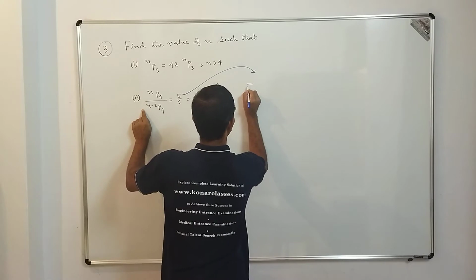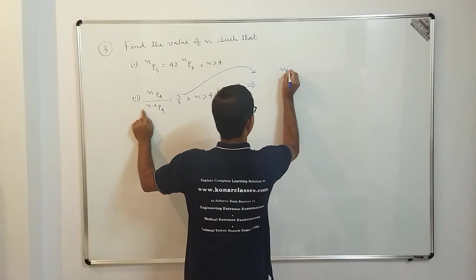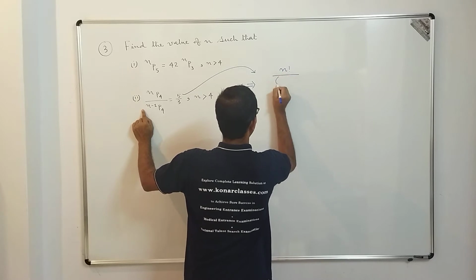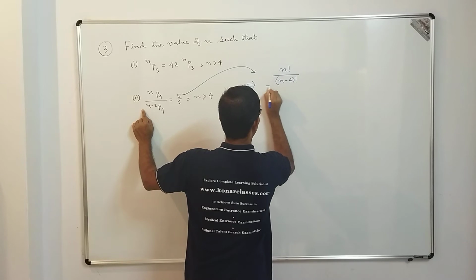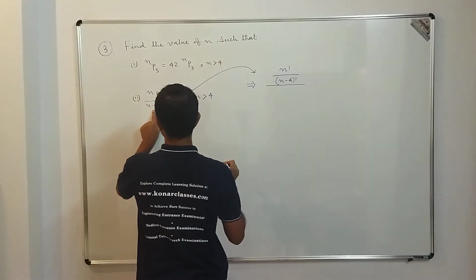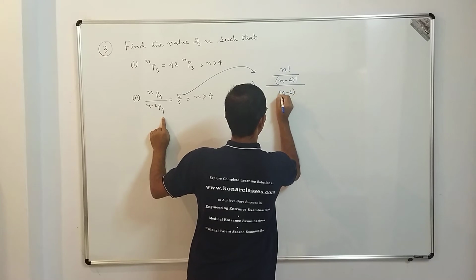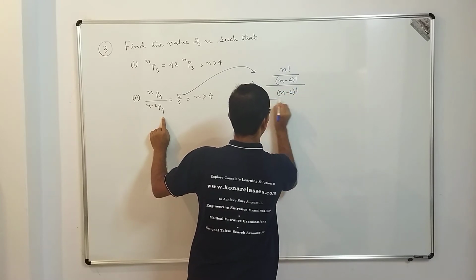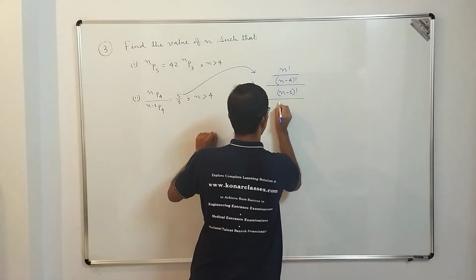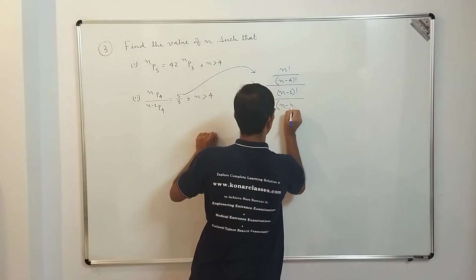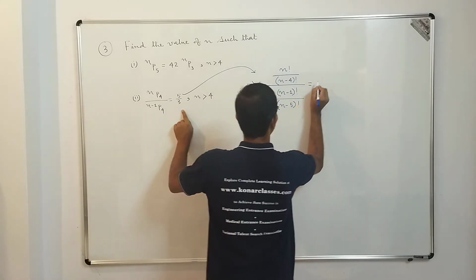So this implies what, dear students? nP4 means factorial n divided by factorial n minus 4, divided by n minus 1 P4, that means factorial n minus 1 divided by factorial n minus 1 minus 4, that means factorial n minus 5. This is equal to 5 by 3.